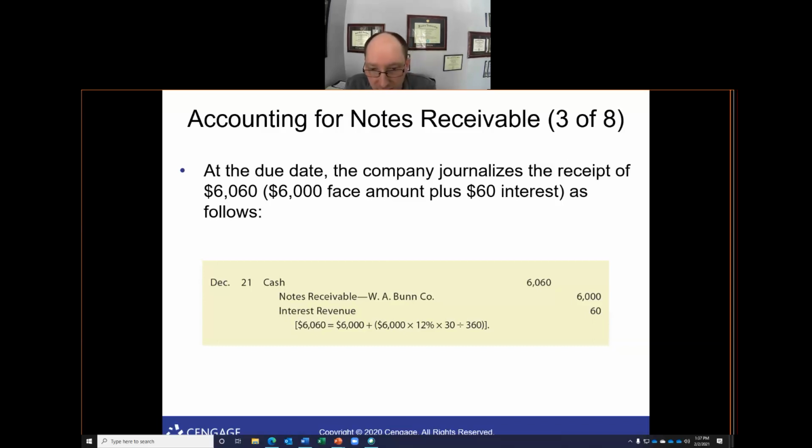We receive $6,060, so debit cash $6,060. We credit notes receivable of $6,000, because remember the face value was $6,000. And we also credit interest revenue. We earned $60 in interest, so we credit interest revenue $60.